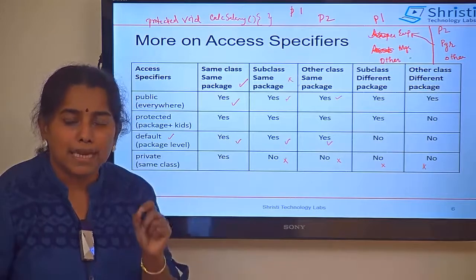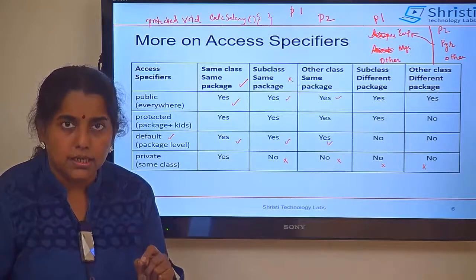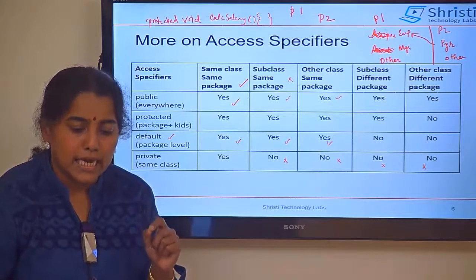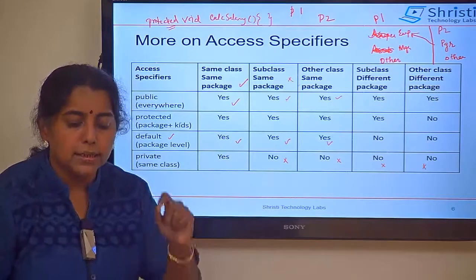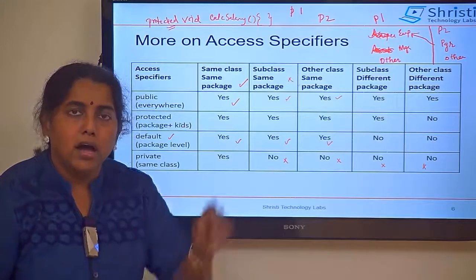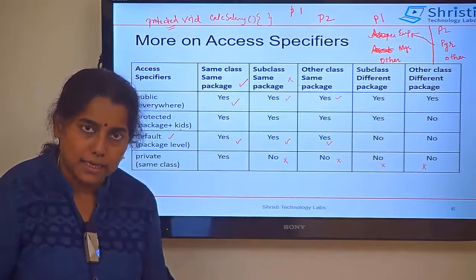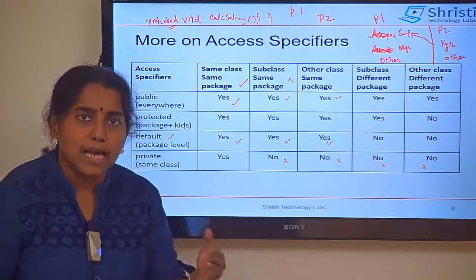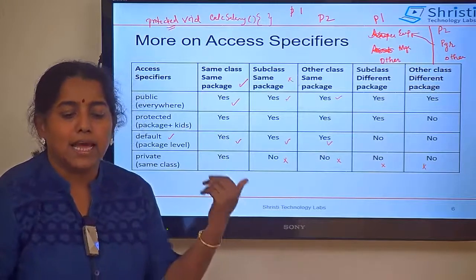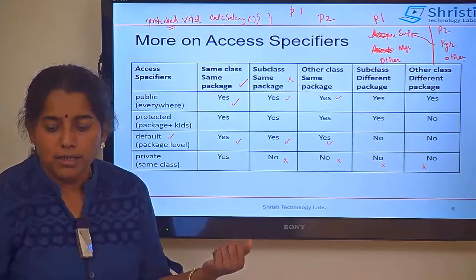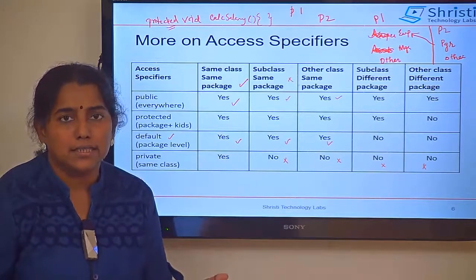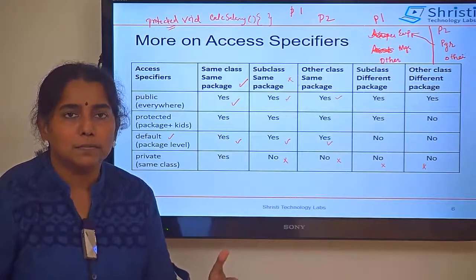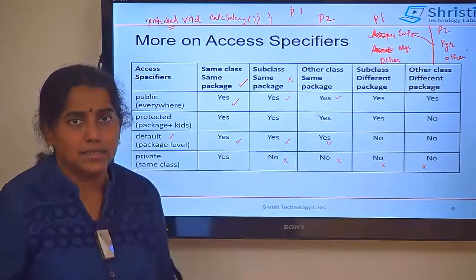The programmer can access the method of employee if the method has the access specifier protected. That is why we have given package plus kids. Package means all the classes in the same package plus the subclasses sitting in the other package can access this method. What about the other class or the main class which is in a different package? It cannot access it. Only if the method is public, the other class can access it.